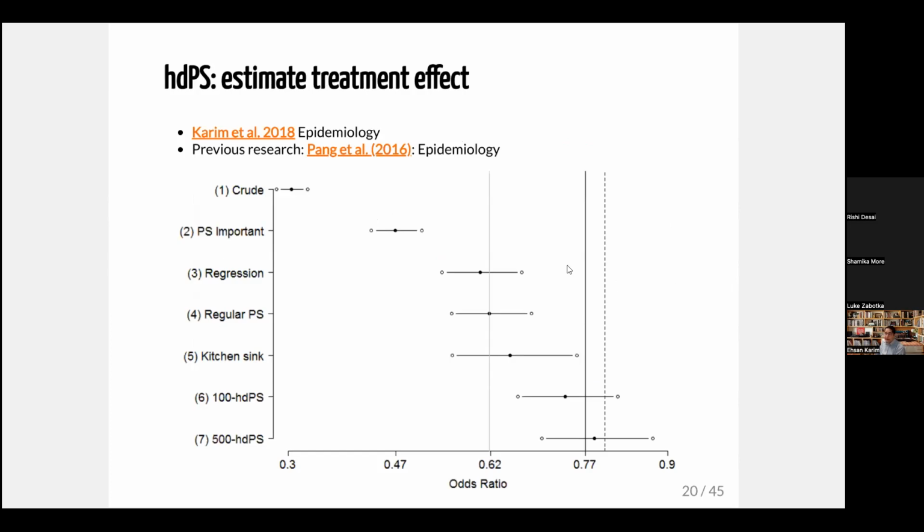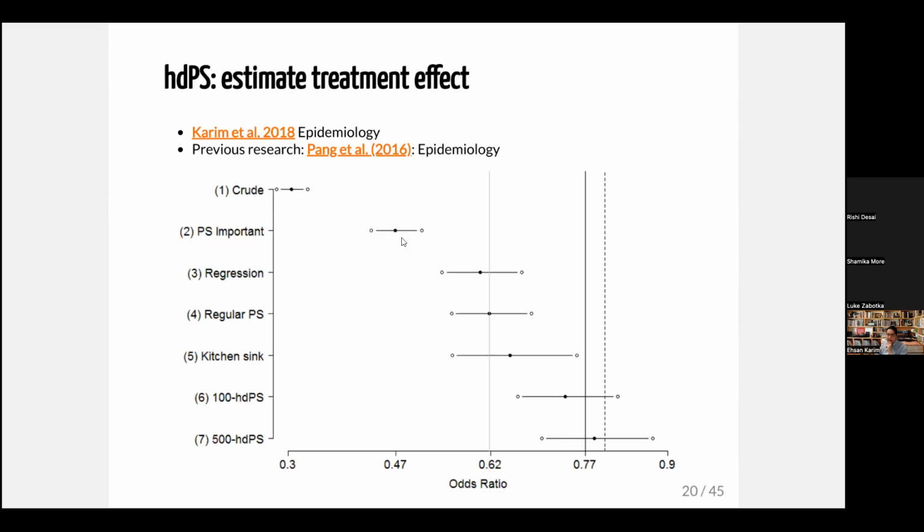In the data analysis that we did in our 2018 paper, this was basically a reanalysis of the Pang analysis that used a double robust method. We saw that the crude odds ratio was close to 0.3.